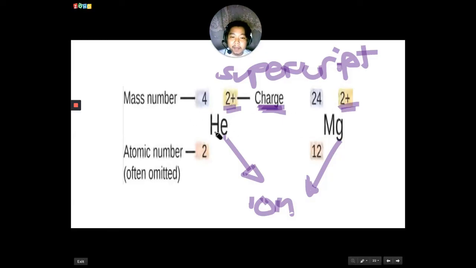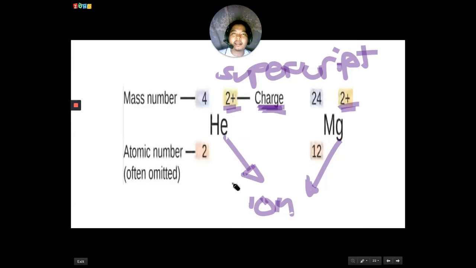We learned that a cation releases or loses an electron or more, diba? Since meron siyang positive 2, meaning the number of protons is 2 greater than the electrons.